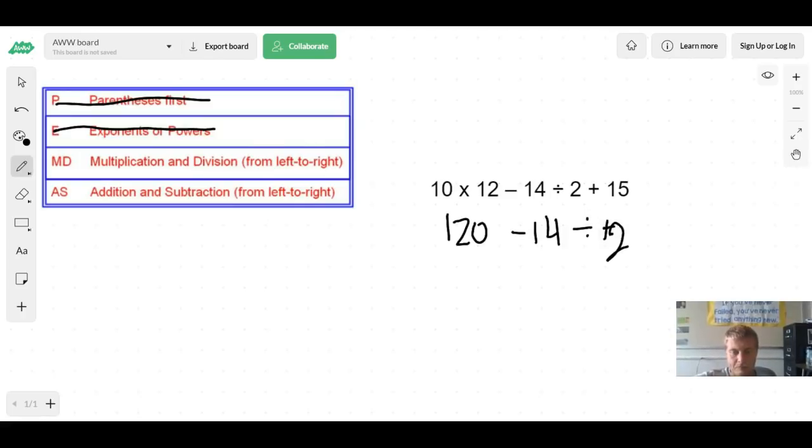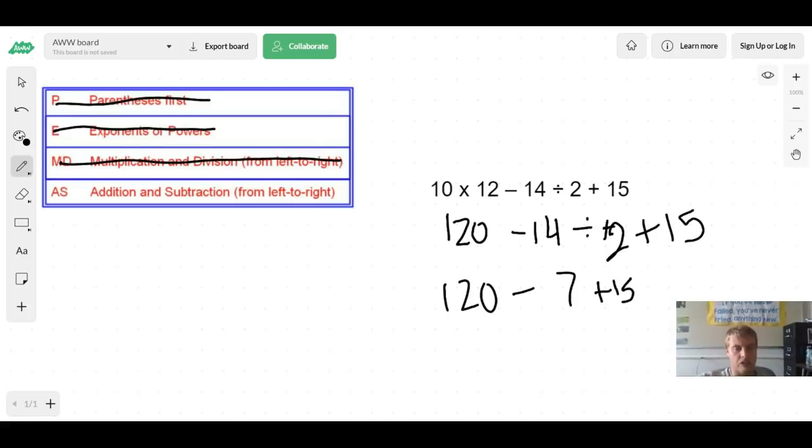And now we'd have to go to the next thing. Well, we still have a division, which is right here. So we do 14 divided by 2, so that'd be 120 minus 7 plus 15.